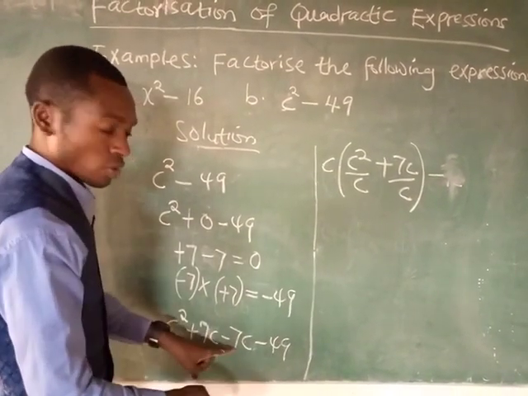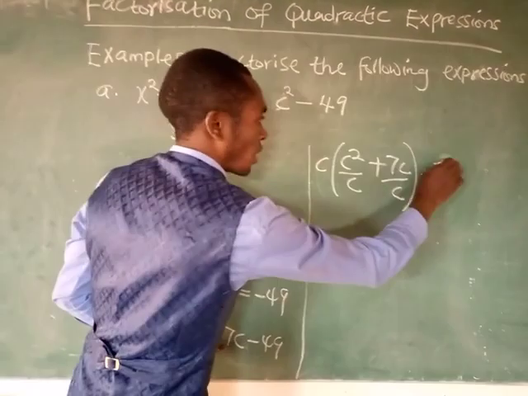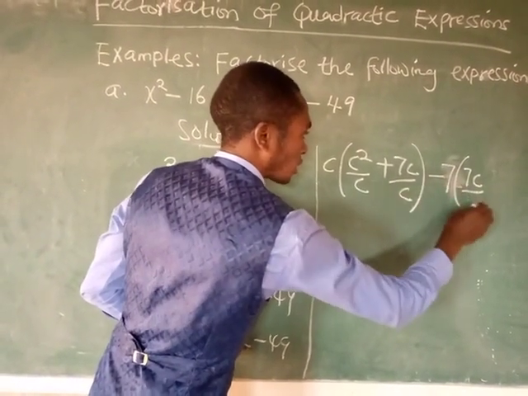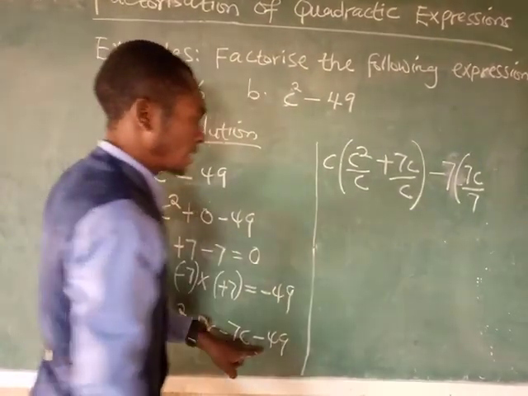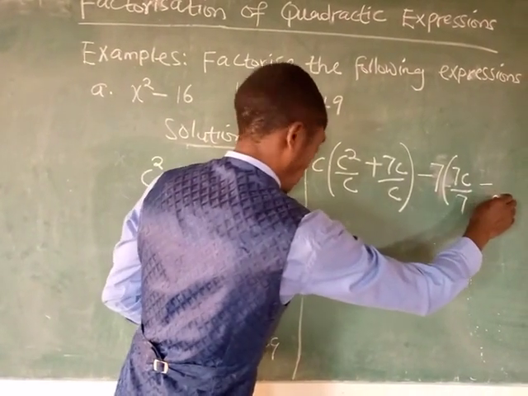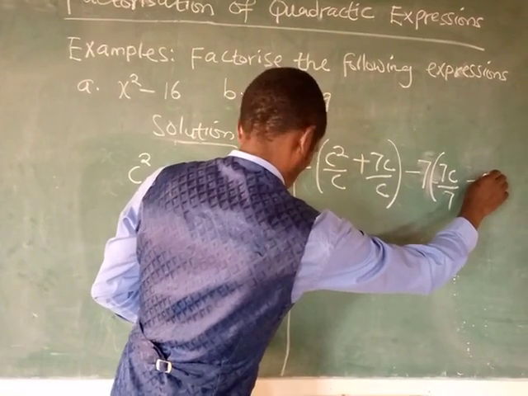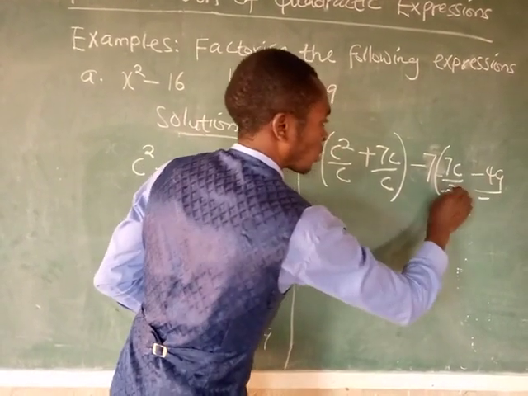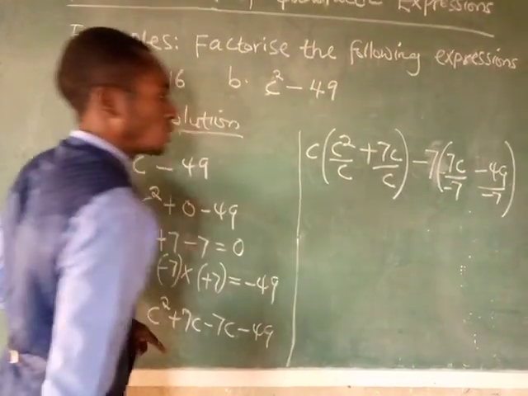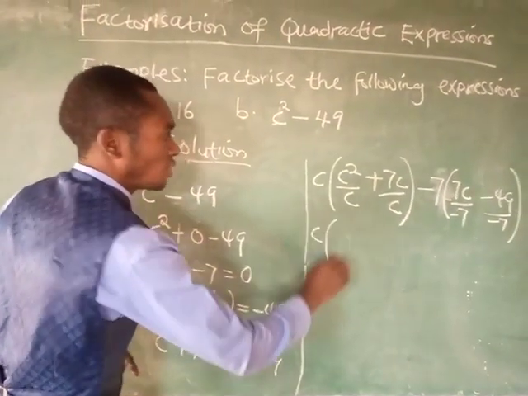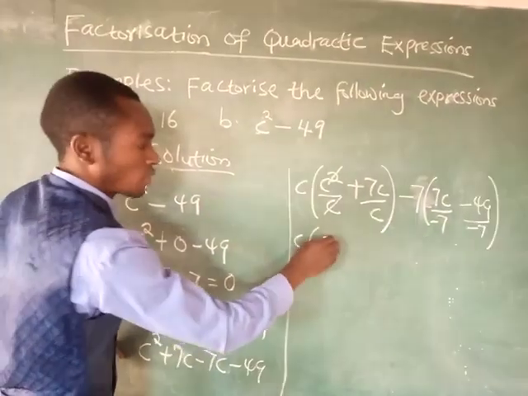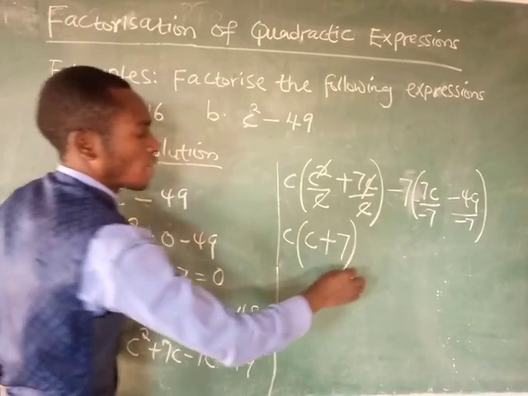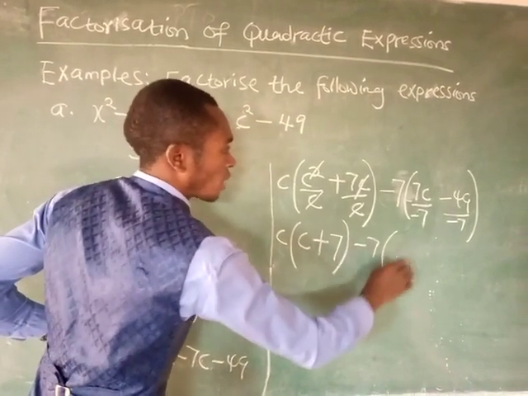Then the next thing, for minus 7c and minus 49, you check what is common here. The number that is common, you discover, is minus 7. So minus 7 outside, write 7c over this 7, then next we have minus 49 over minus 7, which is common. Close the bracket. Then we have c, we divide, c cancels c, you have c left, plus 7, close the bracket, minus 7, open bracket.